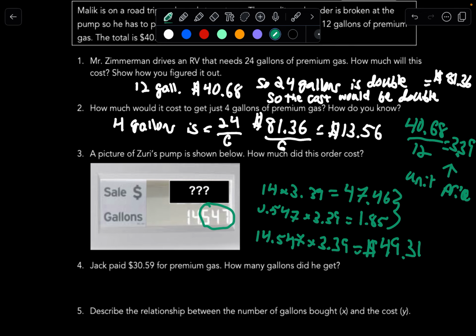So the next one is Jack paid $30.59 for premium gas. How many gallons did he get? Well, we know that $30.59 was the total amount paid. That's got to equal the unit price times N, where N equals the number of gallons.